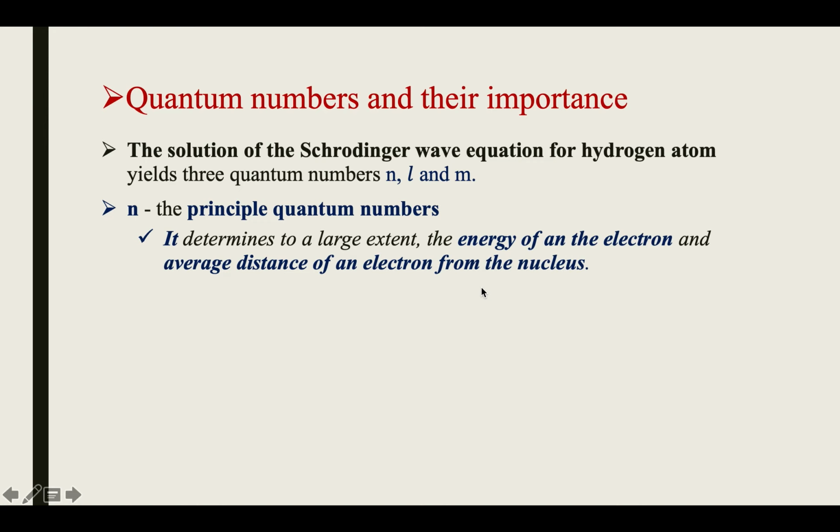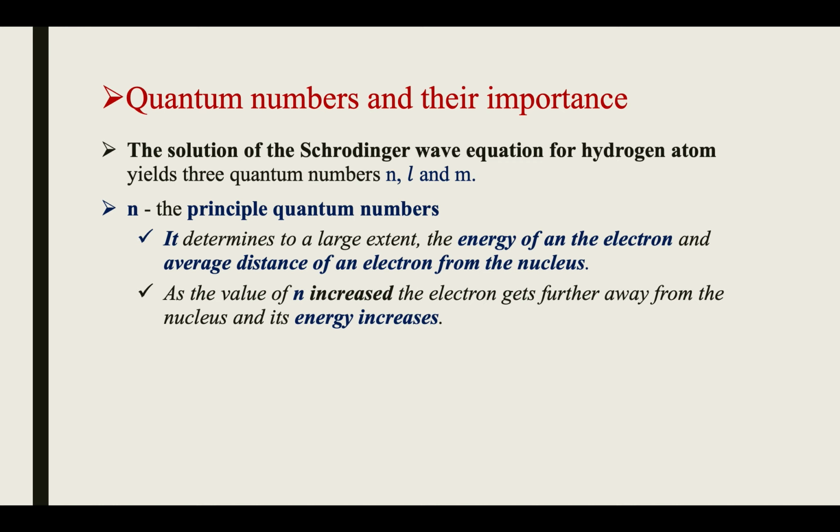An atom has three different types of energy. Here the principal quantum number n determines the energy of an electron and the average distance between the electron and the nucleus.